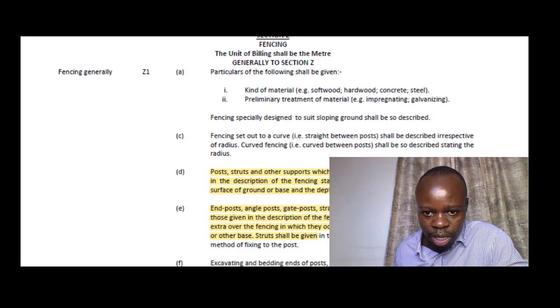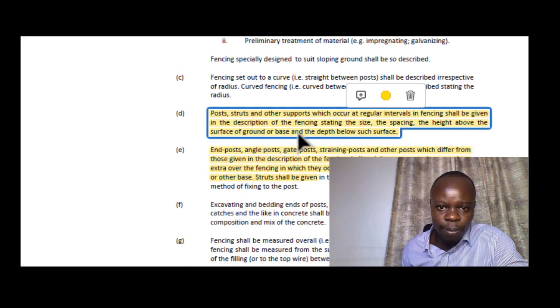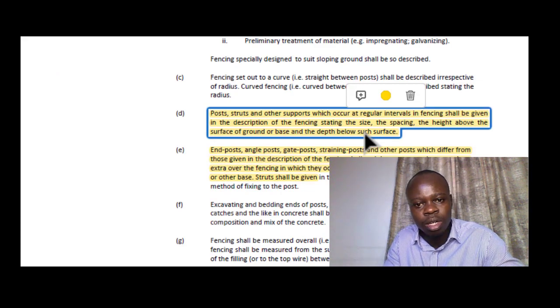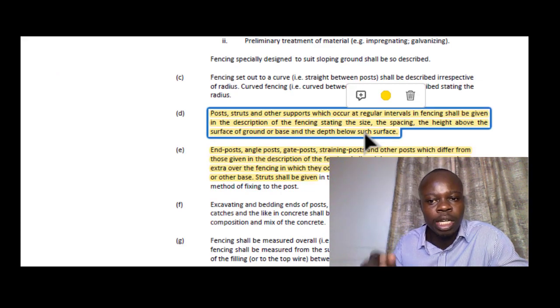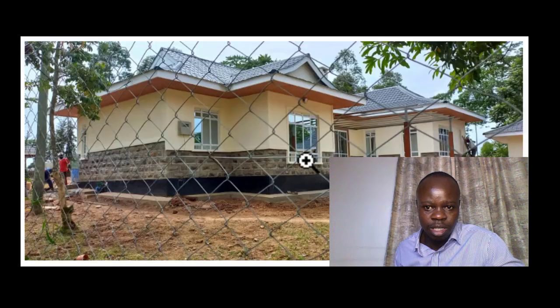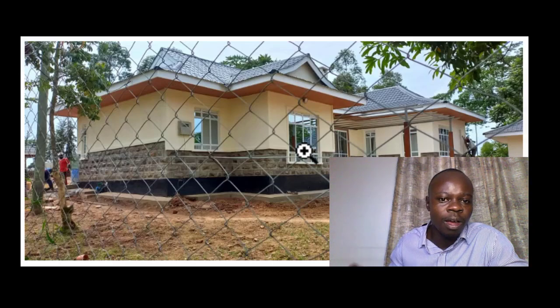So various components of the fence are talked about here. We have, for instance, the posts, struts, and other supports.